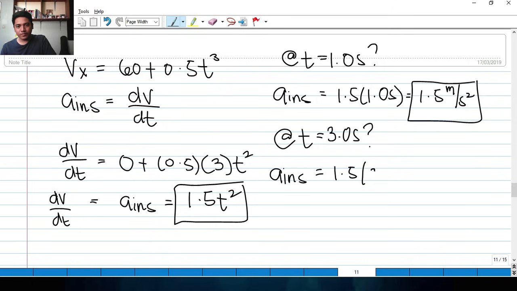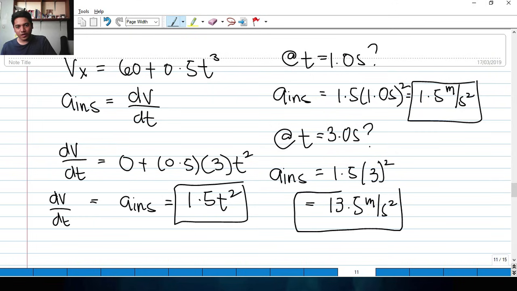So 1.5 times 9 is 13.5 meters per second squared.